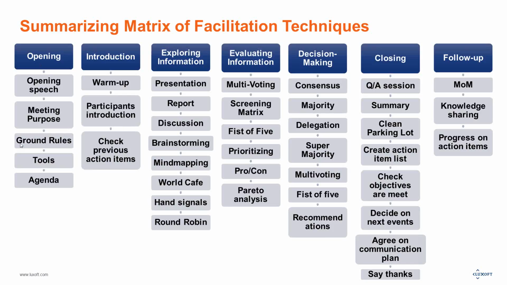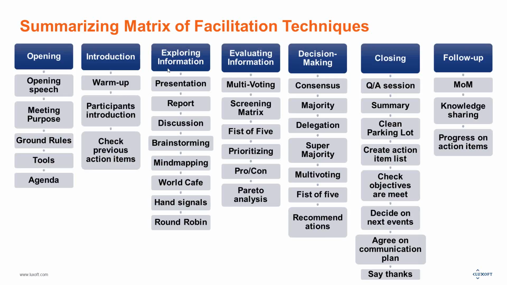For instance, that everything that is said in this room stays in this room, or that we should respect the speaker and only one person is speaking during the session. So during the opening, you can have only this one item as ground rules. And during introduction, you can have only a warm-up, or you can check previous action items from past meetings, or you can use all of it.